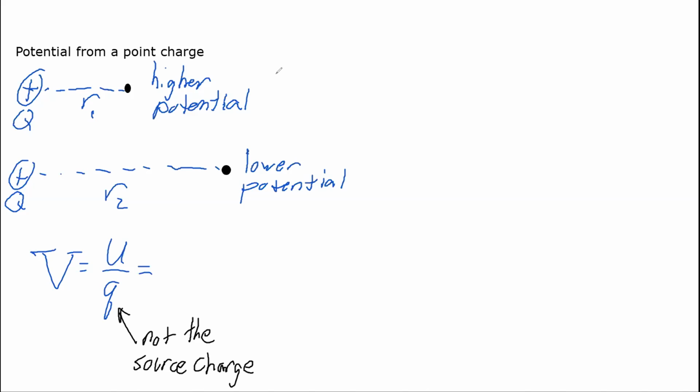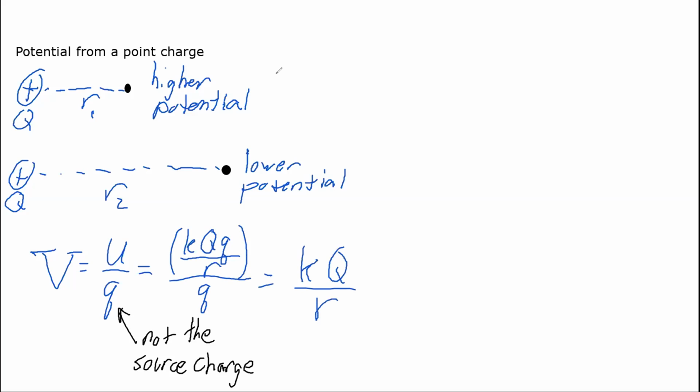So U would be K, going back to our equation we just had, the source charge times the non-source charge, the one that's experiencing the energy, over R. That's my equation for U. Divided by Q, and I get my equation for voltage, KQ over R.